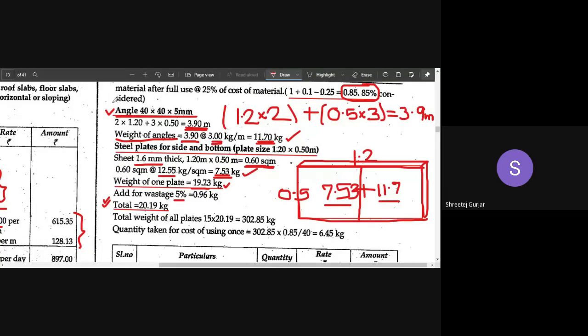How have we arrived at this total weight? Calculation of the total weight of one panel of steel, including the angles, and adding 5% waste. It is 20.19 kilos.